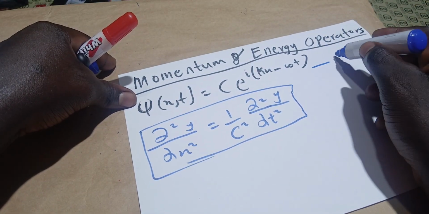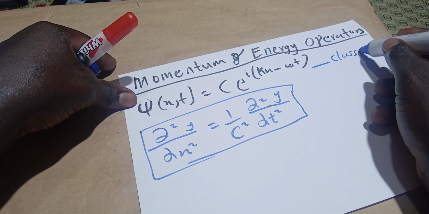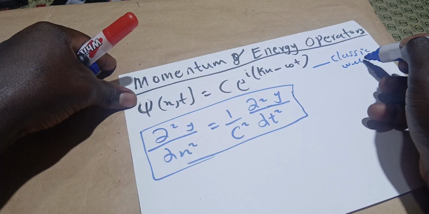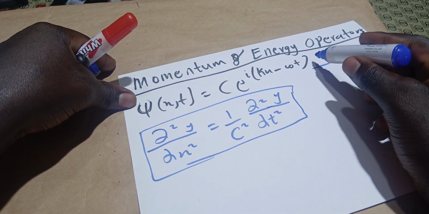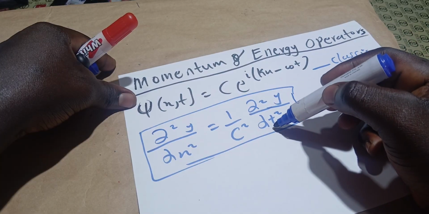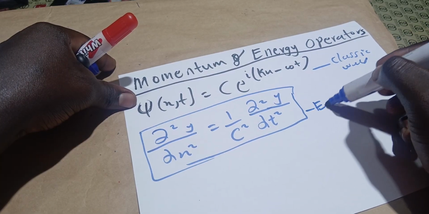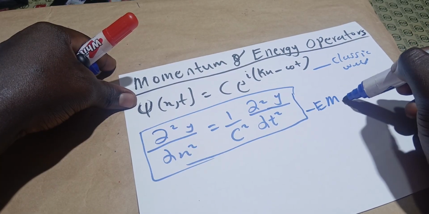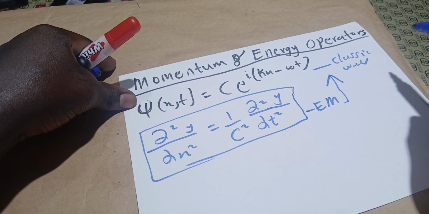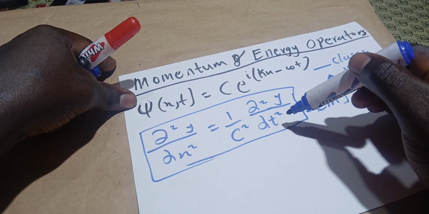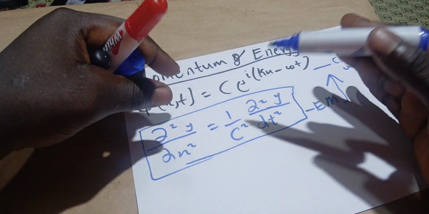Classical wave. So this equation, classical wave and electromagnetic wave. Electromagnetic wave is actually a specific type of classical wave, right? And the classical wave and electromagnetic wave have the same formula structure.